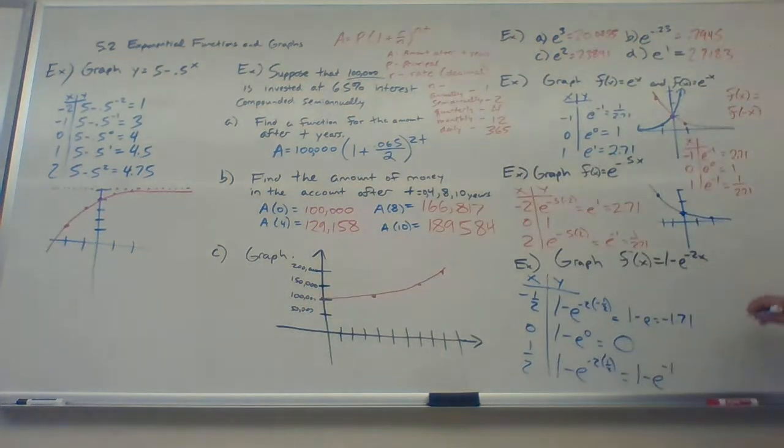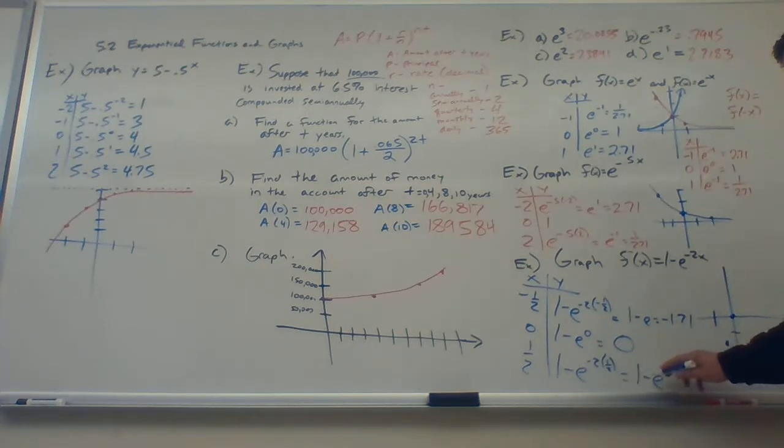You know what, I might get away with just doing the first 2 points here. So here would be negative half, negative 1.71, about here. And then 0, 0 would be here. Okay, maybe one more point.